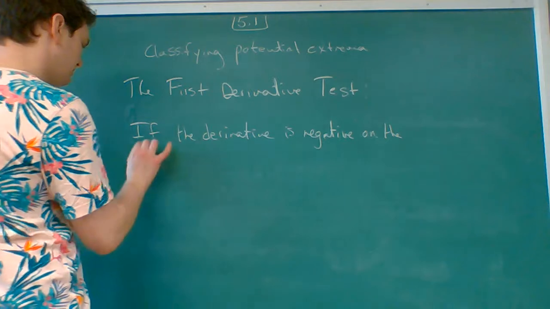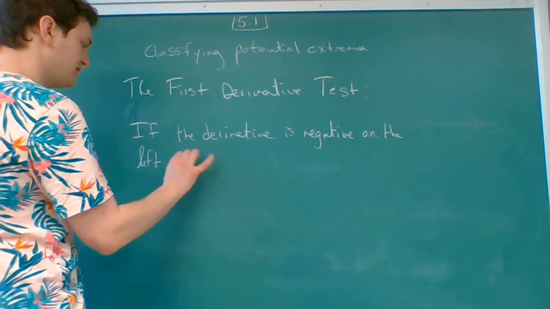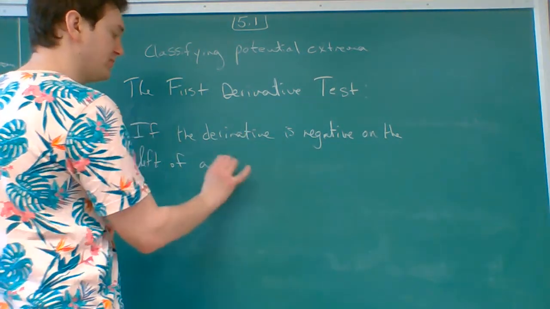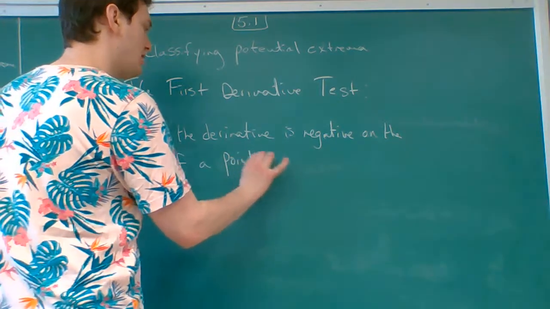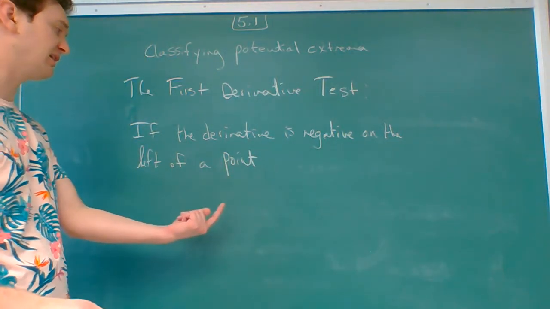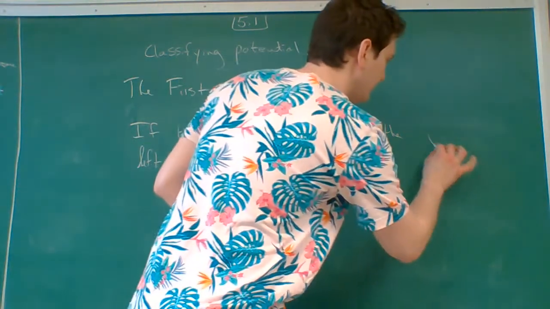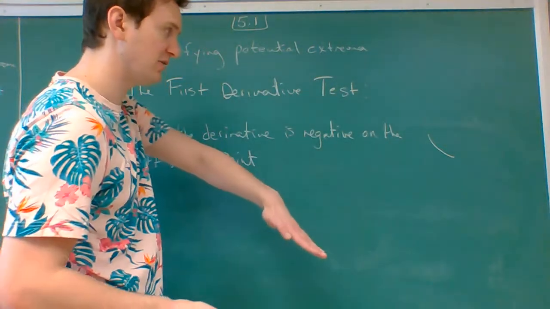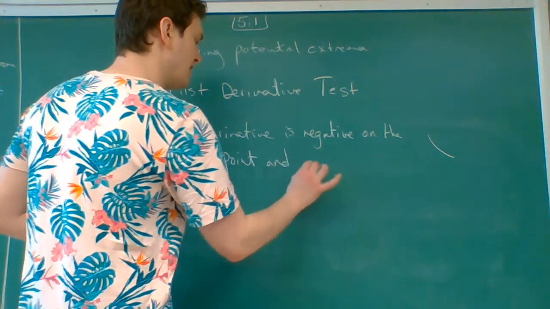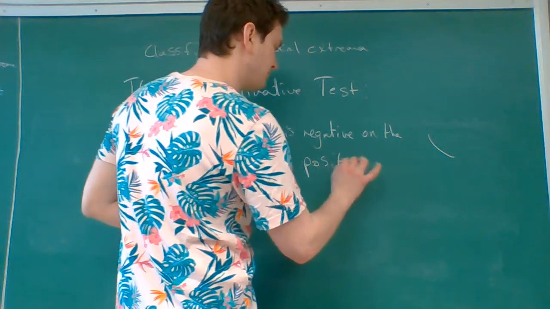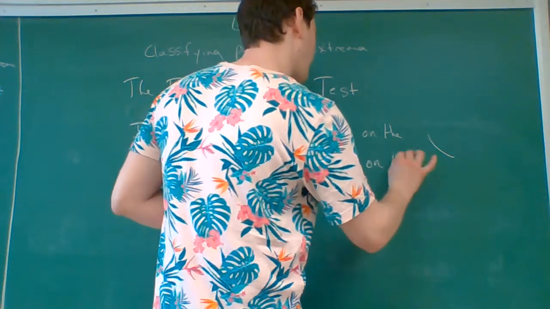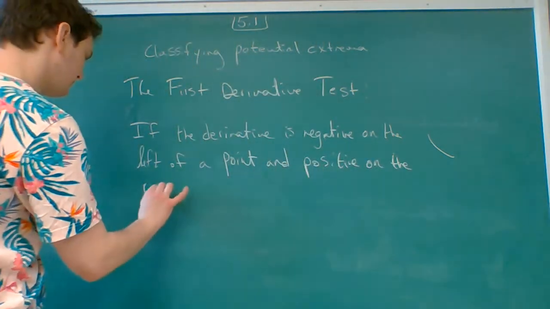If the derivative is negative on the left of a point, so we're going to be checking some coordinate points, so it's like this, negative, pointing down on the left, and positive on the right, what do we have?